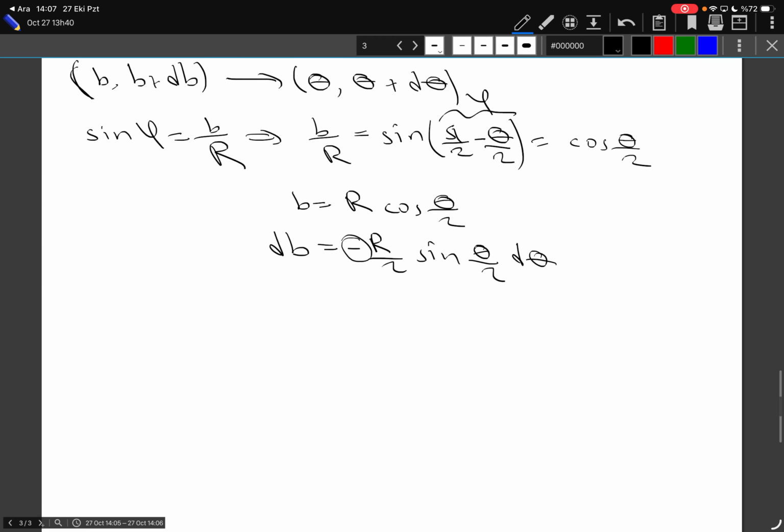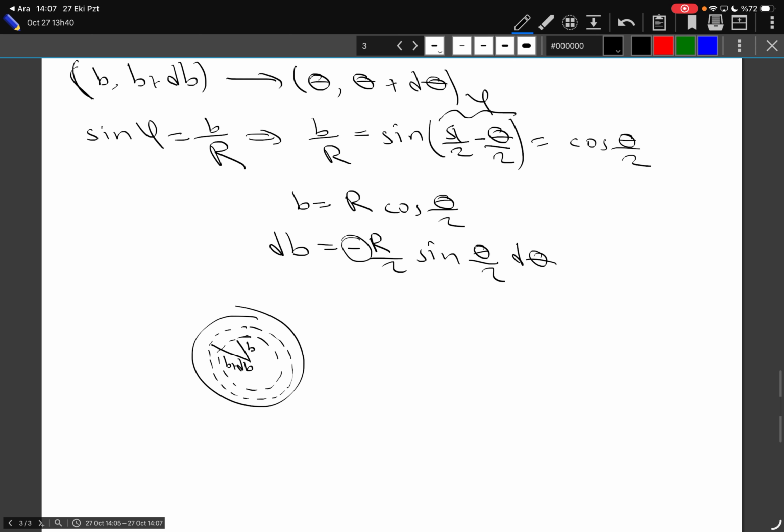Now, let's say this is my sphere, and I'm looking at it from the top of the screen. So if I target this area, this is B, this is B plus dB.